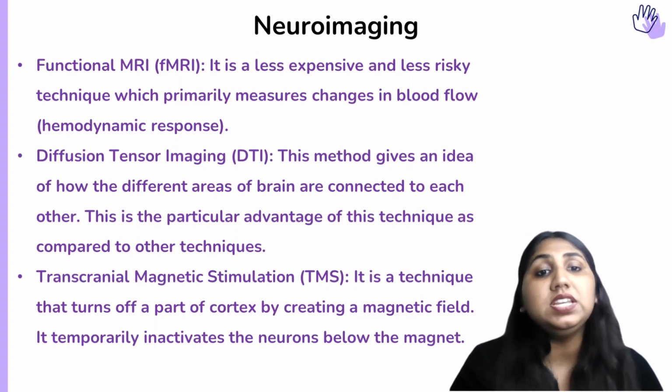Diffusion tensor imaging gives images of these tracts where water is being diffused. This helps in determining the location and orientation of neuronal axons in the brain. This method gives an idea of how different areas of the brain are connected to each other, and one of the major advantages of this technique in comparison to others is that it's non-invasive.